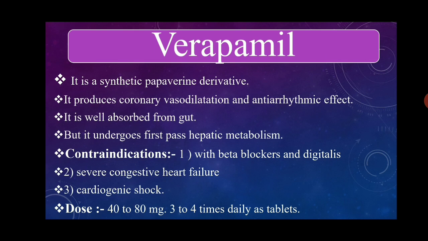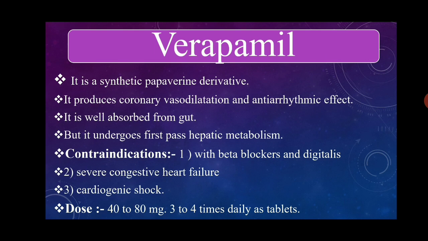Verapamil is used in the treatment of anti-anginal disorders and for its anti-arrhythmic effect. It produces a coronary vasodilation effect.